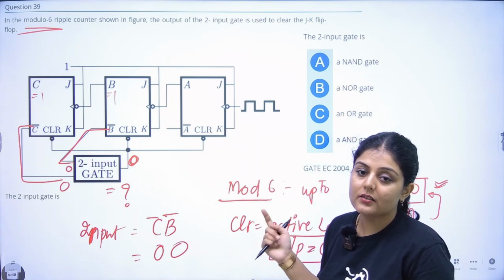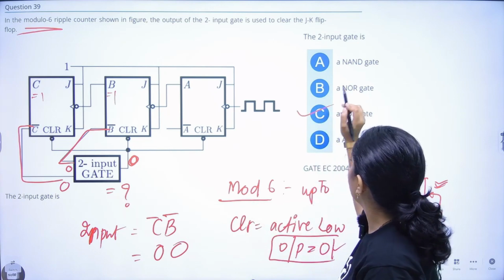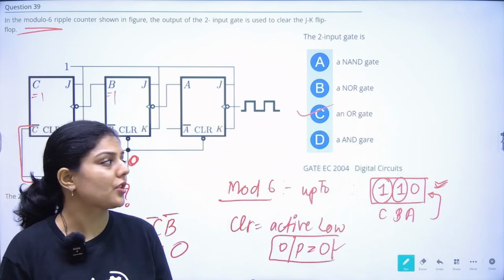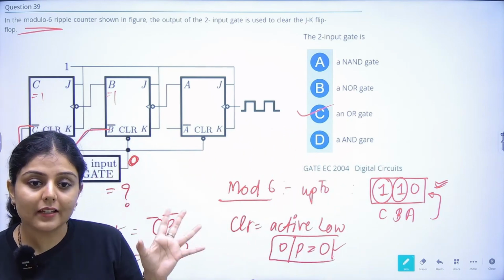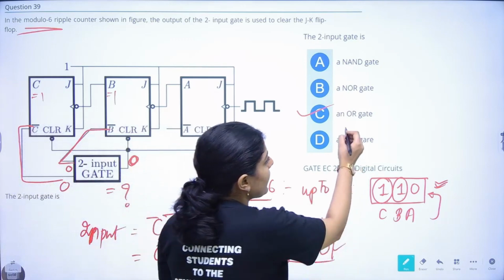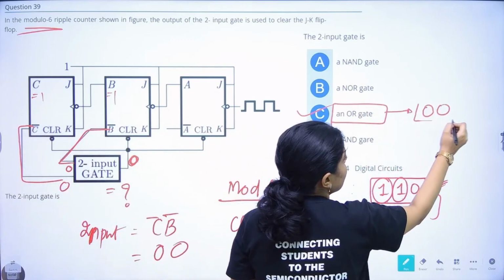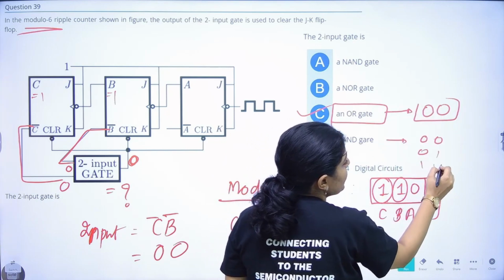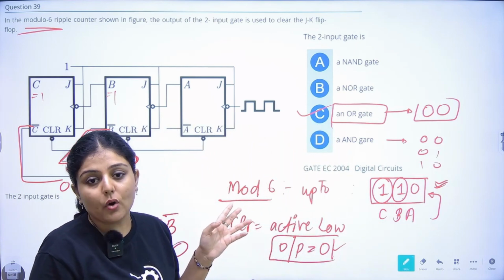So what gate provides this? When the inputs are 0, the output should be 0. So an OR gate will provide that kind of condition. An OR gate becomes 0 only for the 0, 0 case.